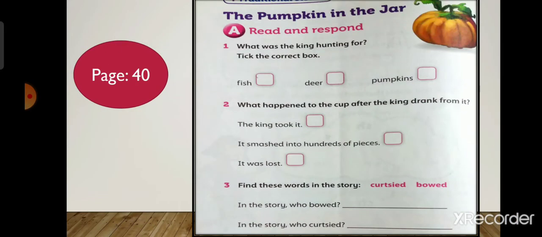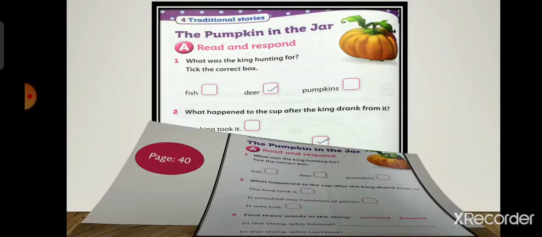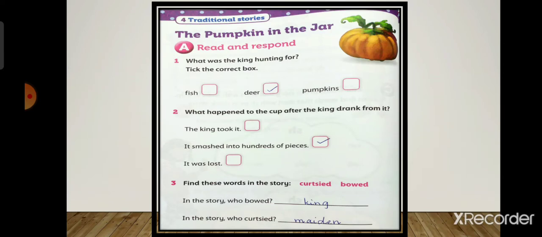In the story, who curtsied? What will you write on the second line? She was the maiden. So on the second line you will write maiden. You may check the spellings from the answer key. Yes. Have you written king and maiden?